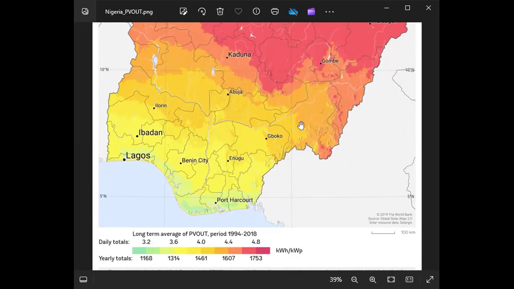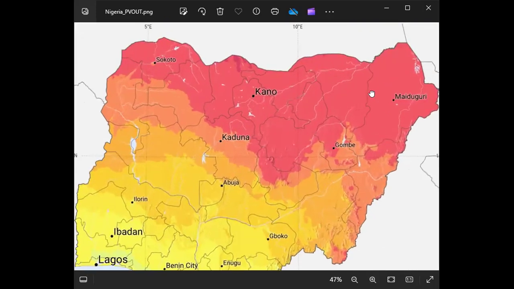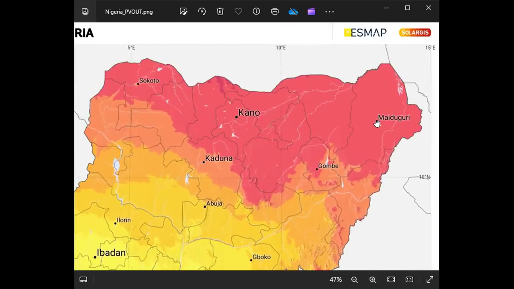Let's look at Maiduguri, for example. Maiduguri is on the map here, in the red zone.